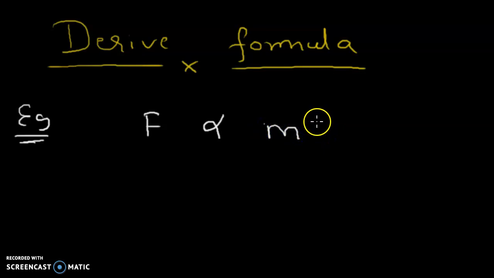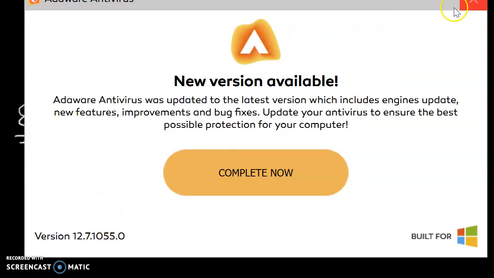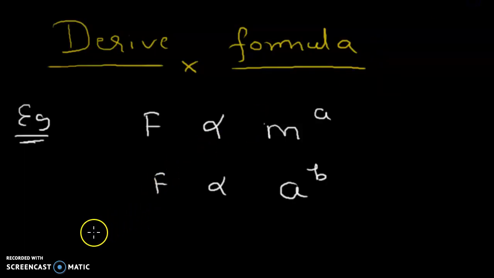But we don't know what the exponent should be, how it actually depends on the mass, so we took the exponent as A. The force on a block is directly proportional to the acceleration, but we don't know to what order, so we take it as B.